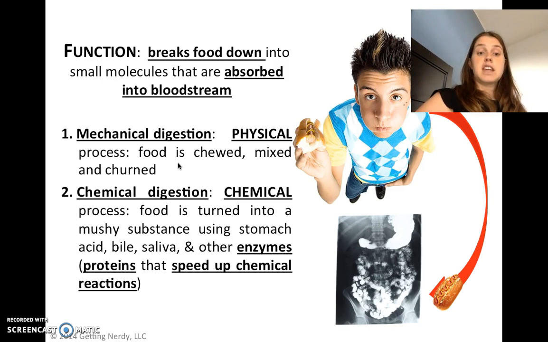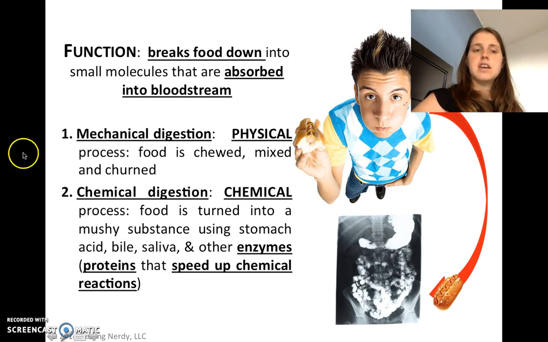Chemical digestion is the chemical process where food is turned into a mushy substance using stomach acid, bile, saliva, and other enzymes. That basically breaks down those proteins to help speed up those chemical reactions. So again, mechanical digestion is the actual physical breaking down of the food, like with your stomach and your chewing. And chemical digestion is actually the chemicals in your intestines which break down those chemical bonds and release the energy.